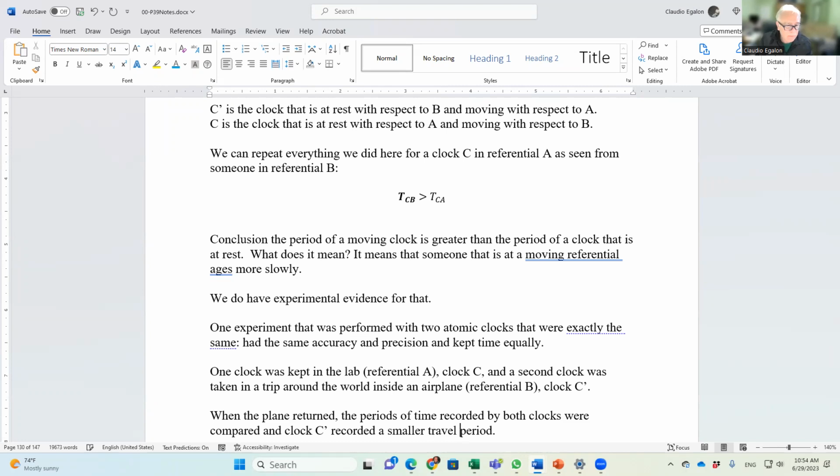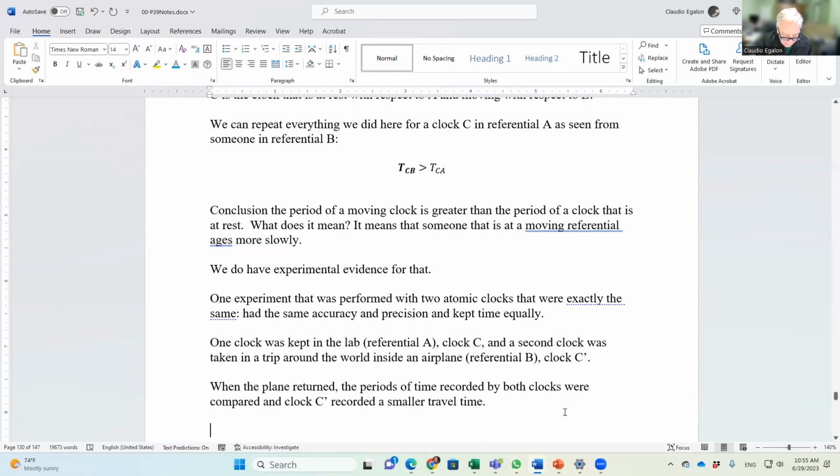That's the best way to put that. It recorded a smaller travel time because its period was longer. So 1 second in the C prime clock took 2 seconds compared to the other clock. So that's what we have.